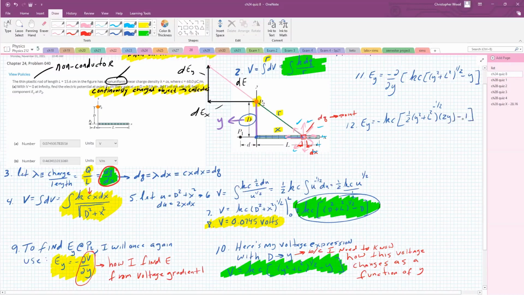And let me double check that. K_C comes out of my differential. Negative K_C, 1/2, Y squared plus L squared, 2Y. Okay, that's good. Then if that's correct, I would plug in at Y equals D. I get something.